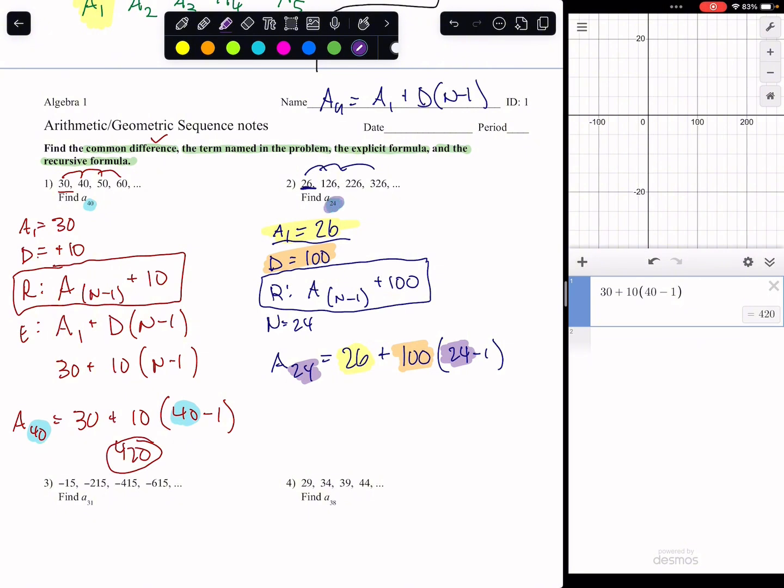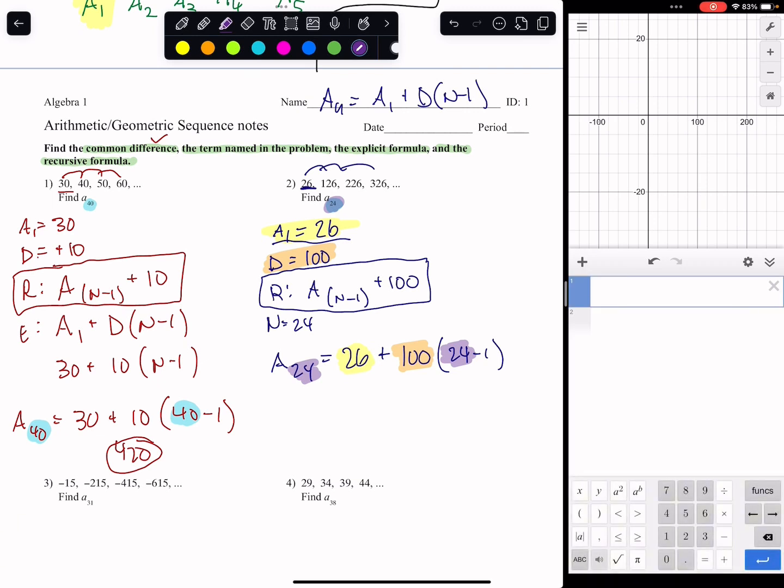Okay, now we can put that in decimals as is. 26 plus 100 times 24 minus 1, or you could just put 23. 2,326.